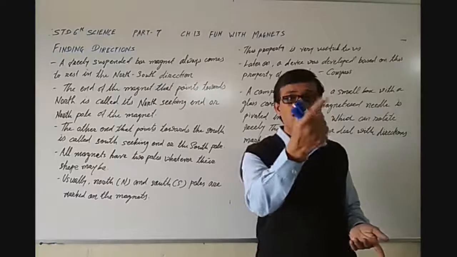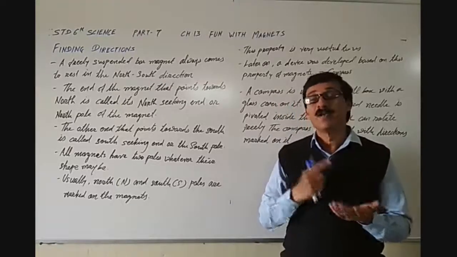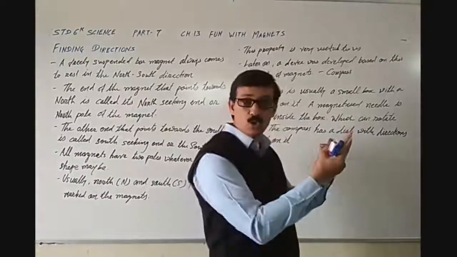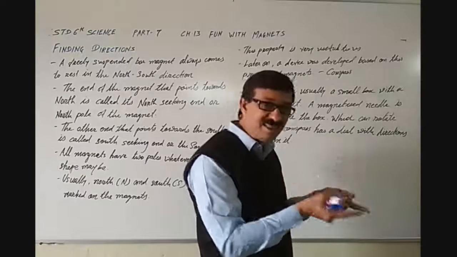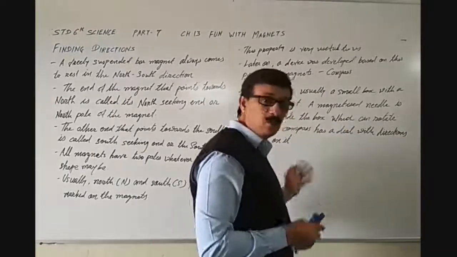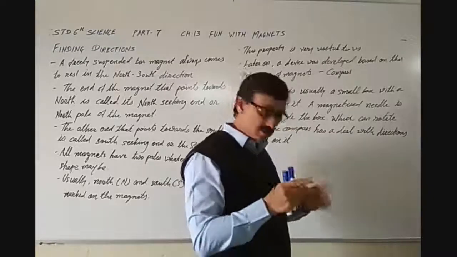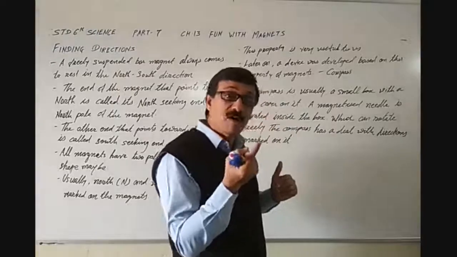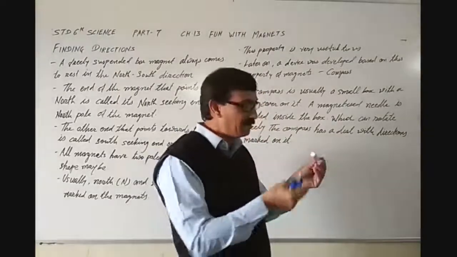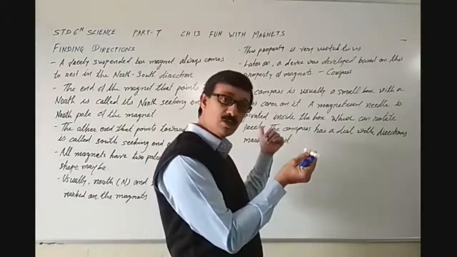For that we should get a rough idea. We should face towards the rising sun, that is east. Then the left will be the north and the right side will be the south. That is why we can come to know that this end of the magnet, suppose this is a magnet, is resting towards north.